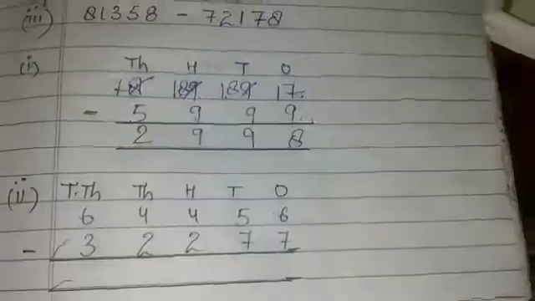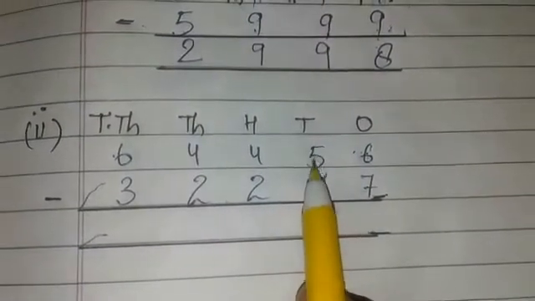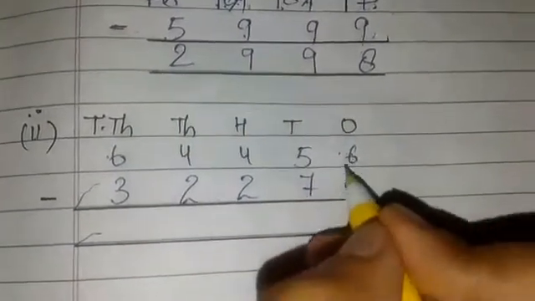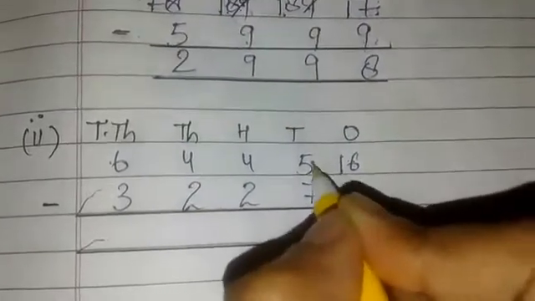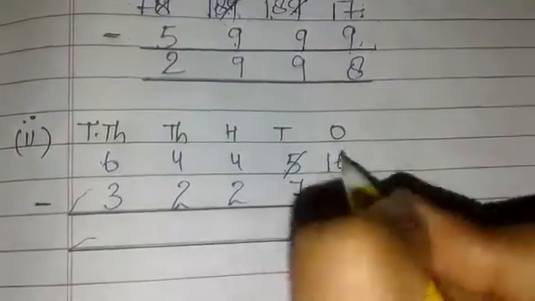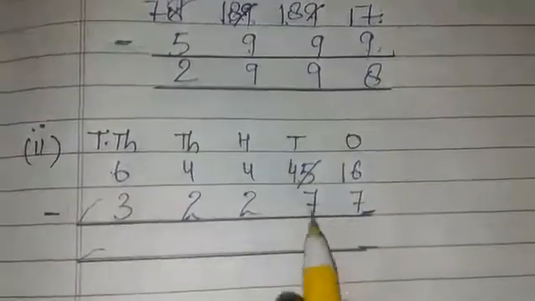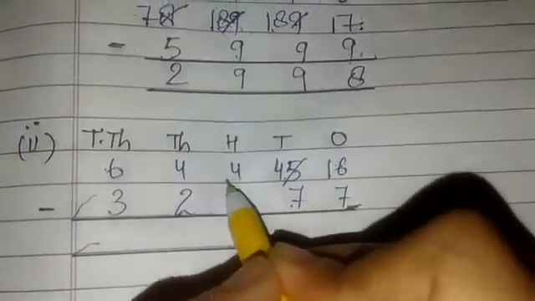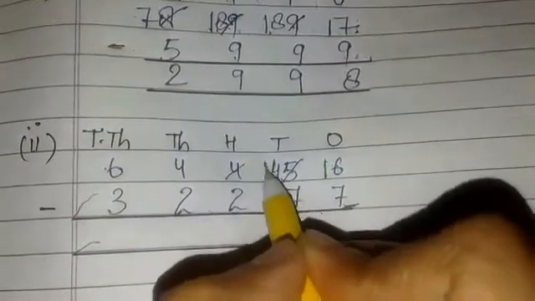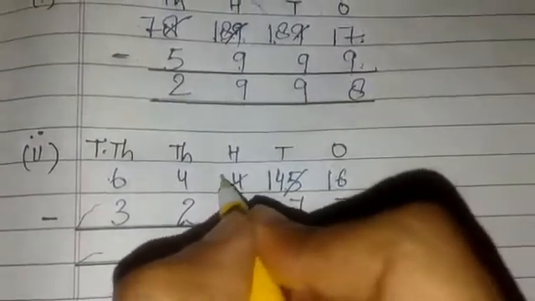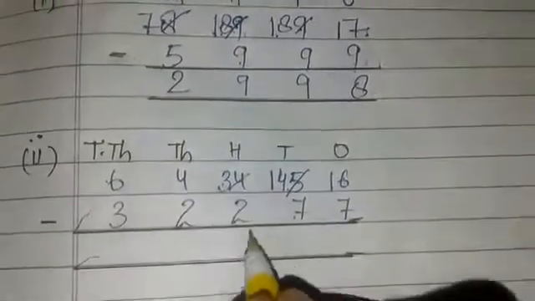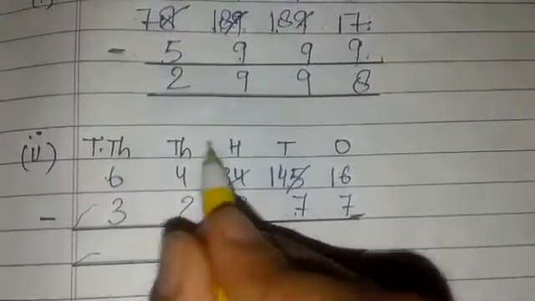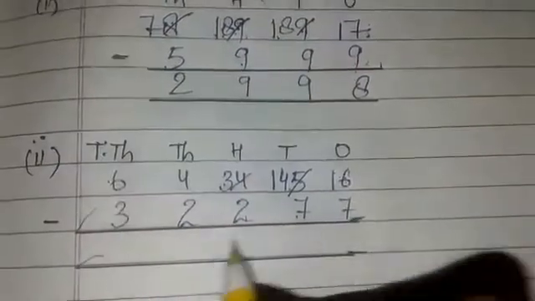As you can see, 6 is smaller than this, so we will take 1 from the tens place, so it will be 16, and it has given 1, so it will be 4. Again you can see 4 is smaller than 7, so we will borrow from this one. It will be 14, and this will be 3. Now 3 is greater than 2, so no need to borrow from the thousands place.